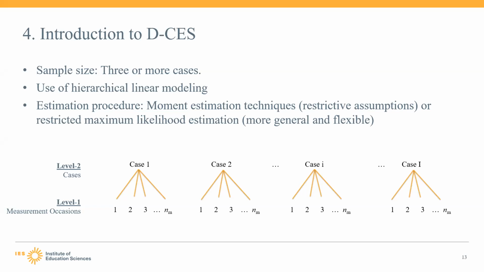So this more flexible estimator is also more readily extensible than the previous HPS estimator. Now the 2-level modeling framework to estimate the design comparable effect size will be introduced on the next slide.